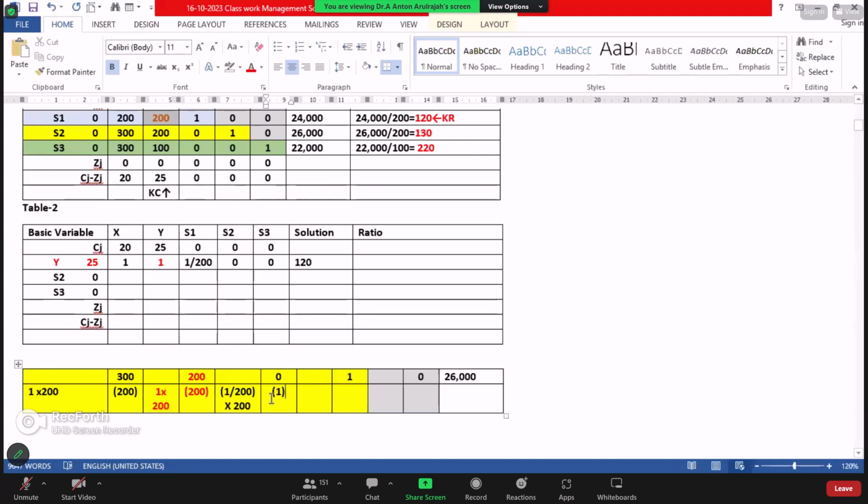That has to be written here. And then this 0 has to be multiplied by 200. That is also 0. Then this 0 has to be multiplied by 200. That is also 0.